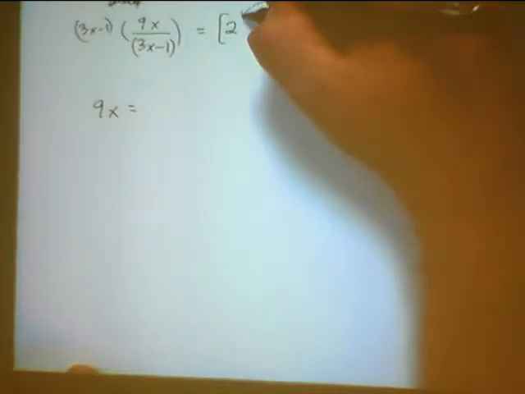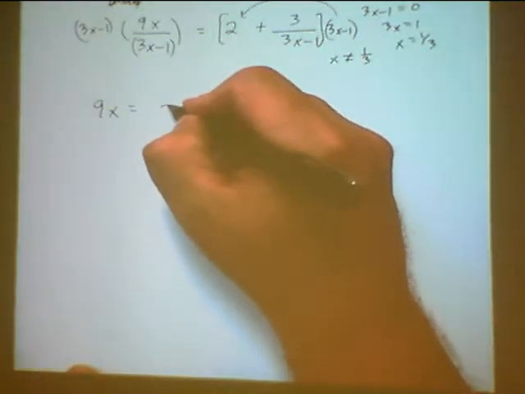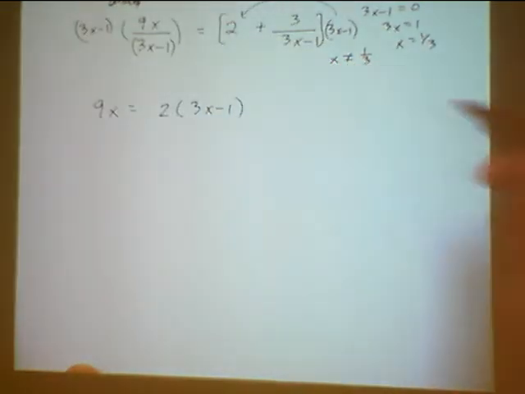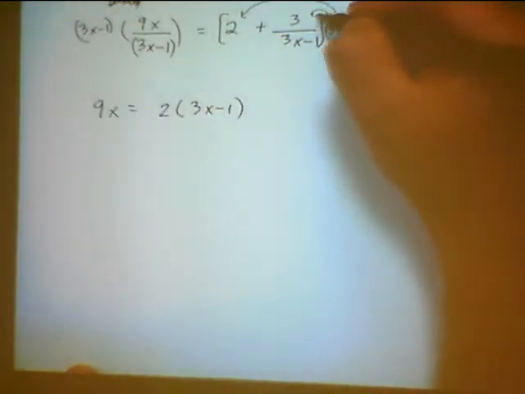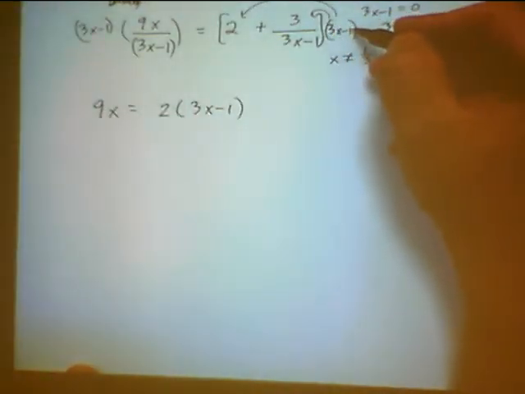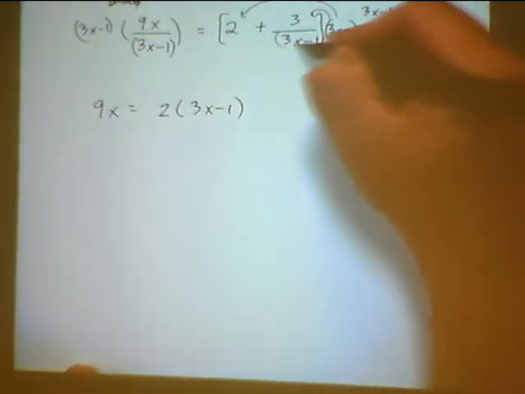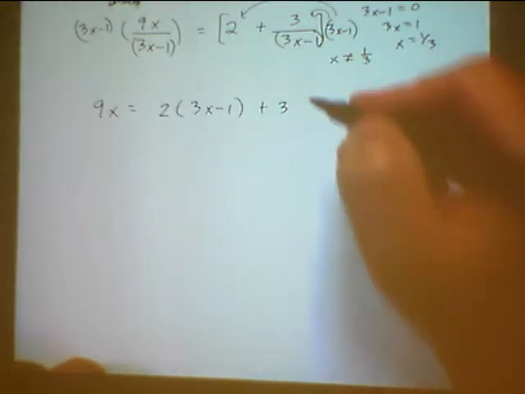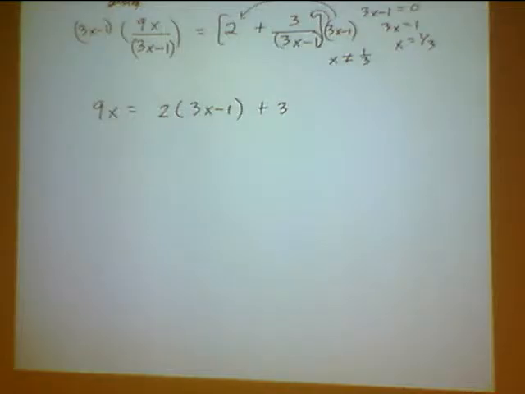I have to distribute the 3x minus 1. So I have 2 times 3x minus 1. And for the second term on the right-hand side, the 3x minus 1 and the 3x minus 1 in the denominator cancel out. And now it looks like a pretty easy equation to solve.